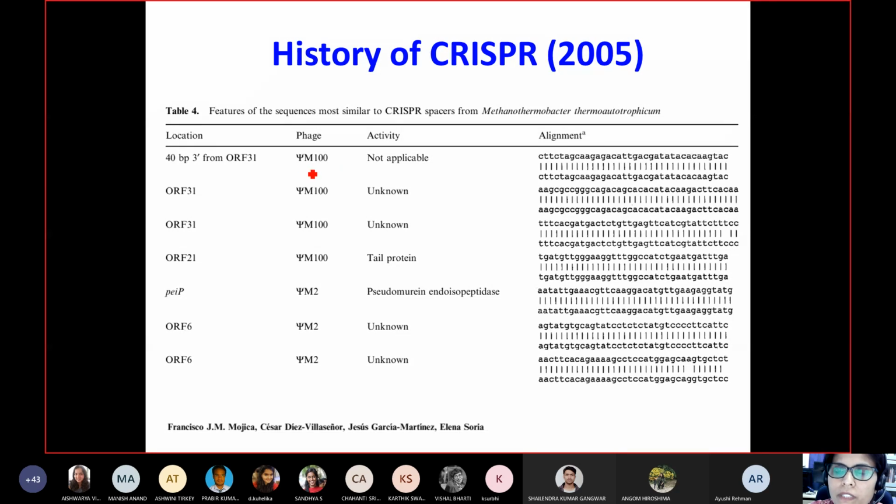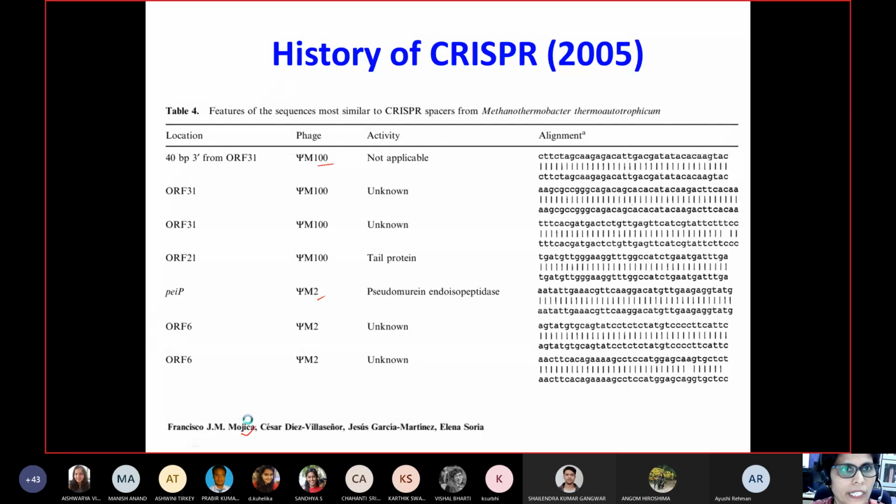These are the specific bacteriophages that infect your archaea, M100 and M2. From this, they were able to find these sequence alignments from the databases. So that was the observation in the Francisco Mojica paper, right?